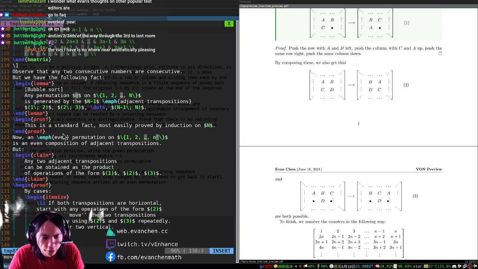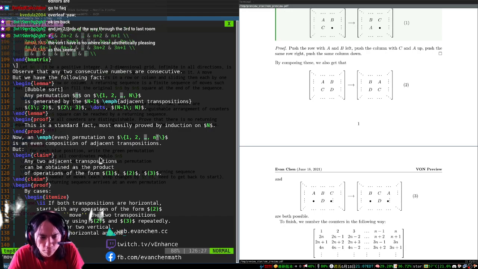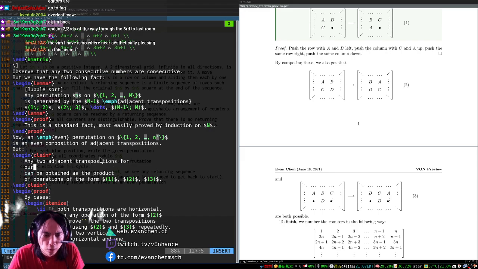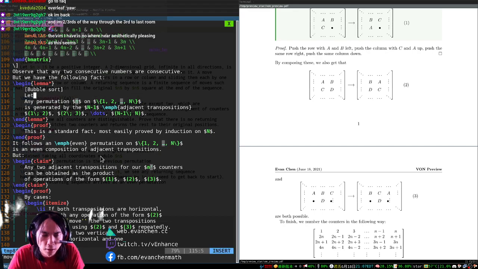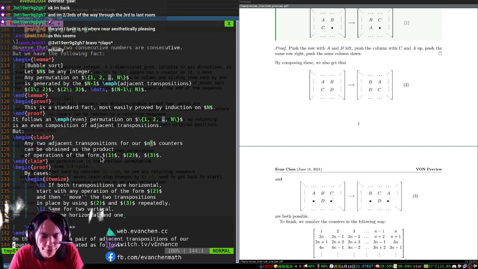Same for if one horizontal and one vertical.